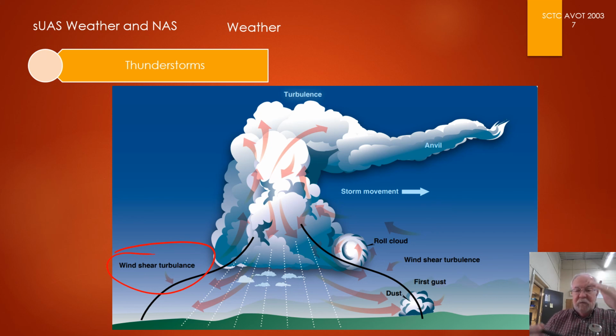You have wind going in opposite directions, and that can affect the performance of your drone in a negative way. Certainly, turbulence in general is bad for any aircraft. Wind shear is especially bad because the wind changes very rapidly, and if you have automation, it's not going to be able to compensate quickly. It's going to take a bit. If you're flying manually, there's going to be a time lag between the time you can react to what's going on.